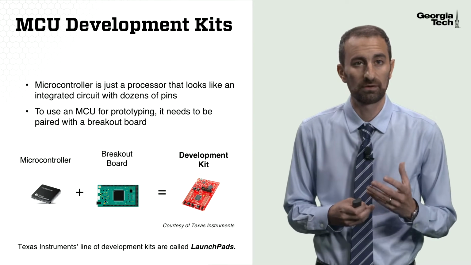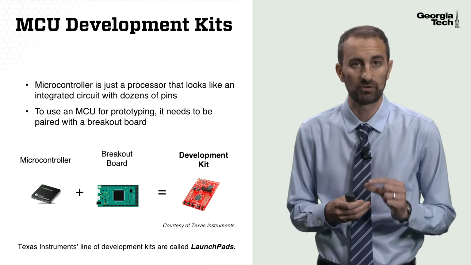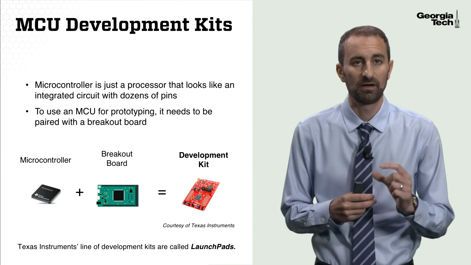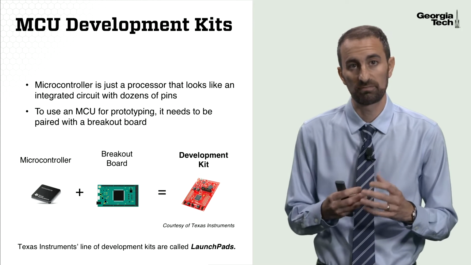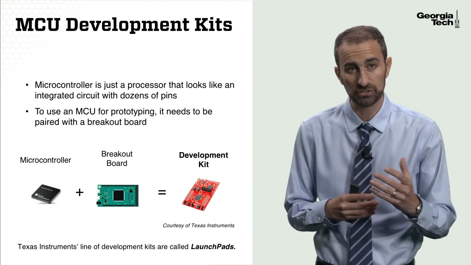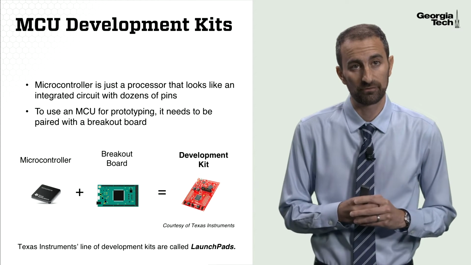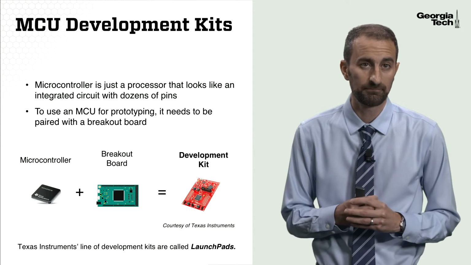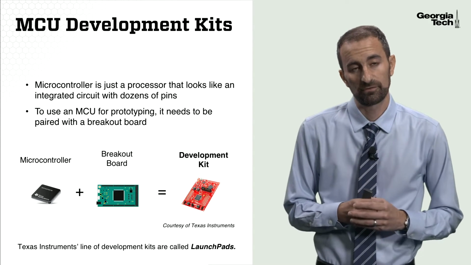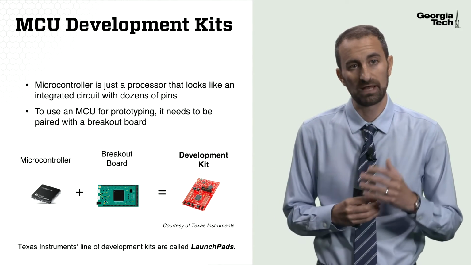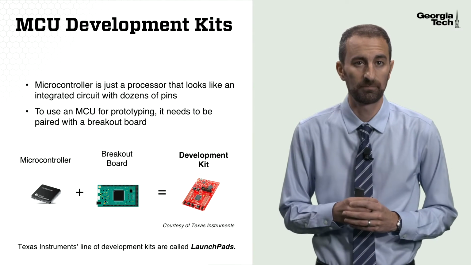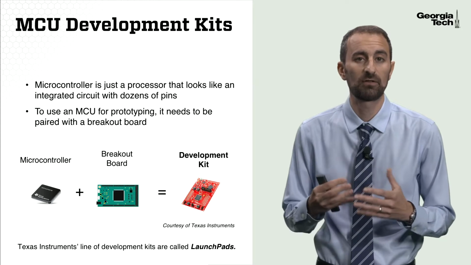Now, a microcontroller itself is just a small integrated circuit that looks like a little black IC package with a lot of pins, maybe dozens of different pins. To use one of these little integrated circuit computers for prototyping, it needs to be paired with a breakout board. For instance, check out the diagram that's shown on this slide. We have a microcontroller, which is that small black package. When we combine it with a breakout board, we get this thing called a development kit.